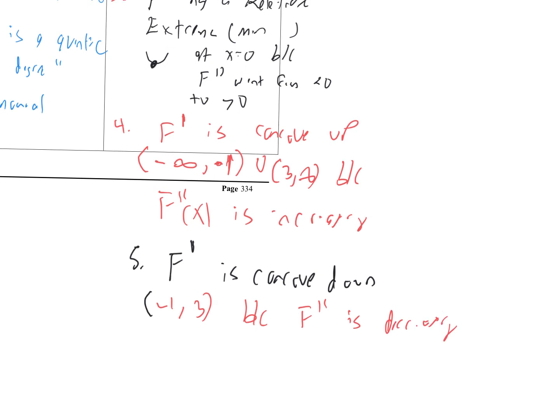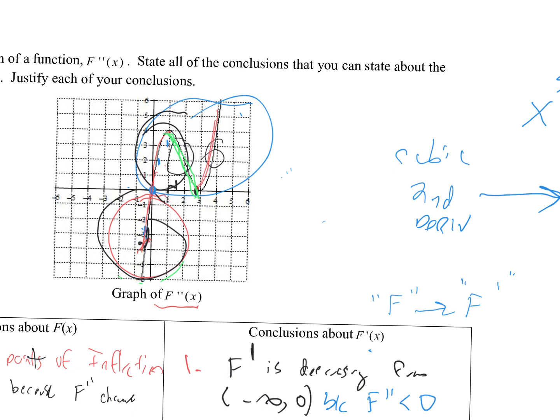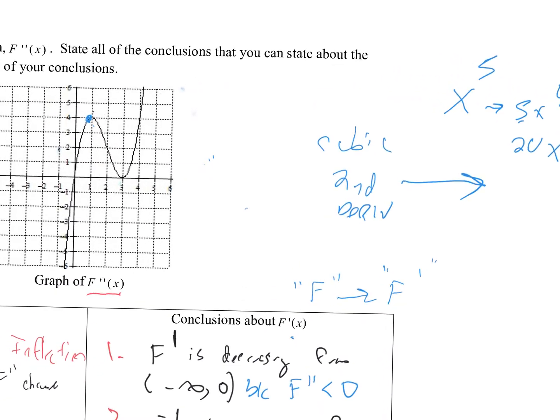I can also say one more thing before I leave. Let me clean this junk up again. The extrema of the second derivative is a point of inflection of the derivative graph. On the derivative graph, which happens at 1.